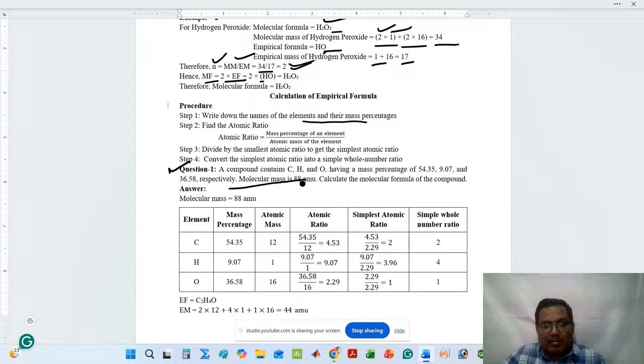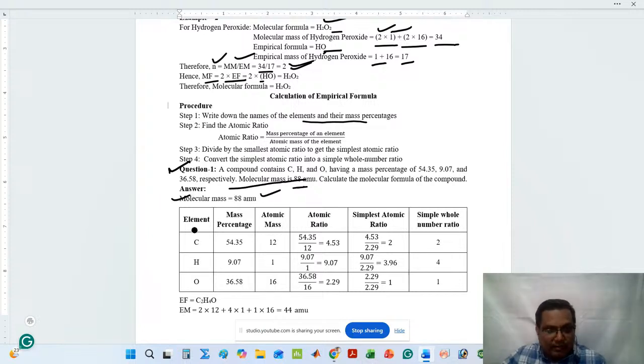The molecular mass is 88 amu. Calculate the molecular formula of the compound. Then what is the procedure? Step 1: Write down the name of the element and their mass percentage. Here the molecular mass is given as 88 amu. At first I will write this.